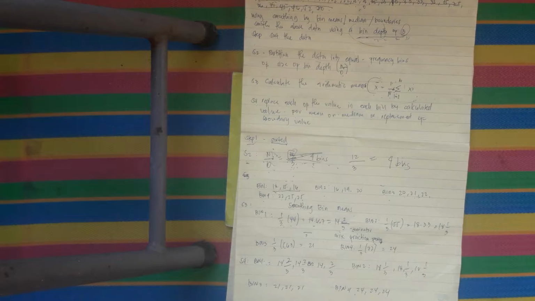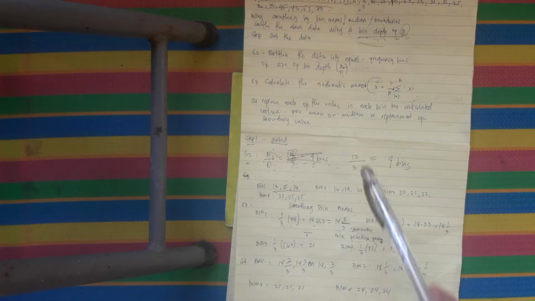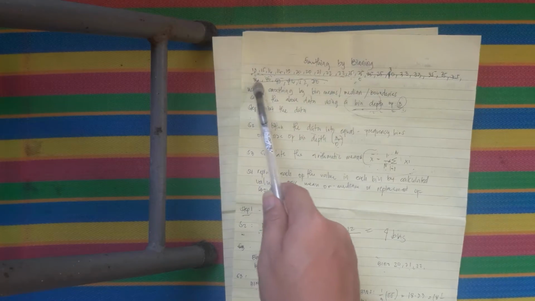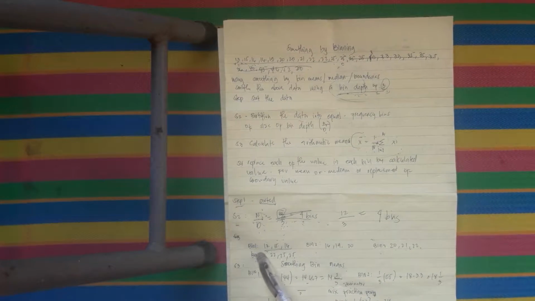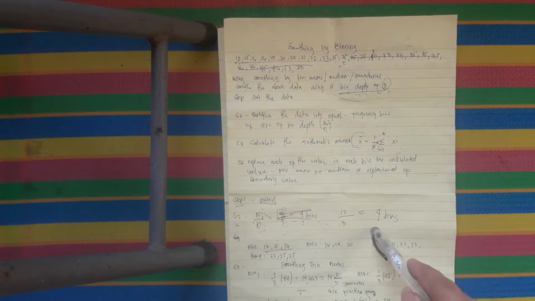Next, we will execute all the steps. Step 1, we sort all the data given. I already sorted the data here. Next is to partition the data into equal frequency bins.